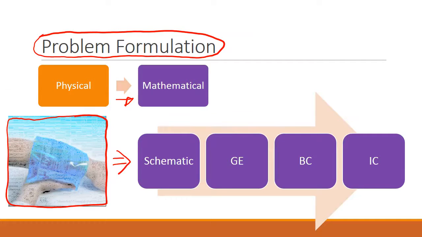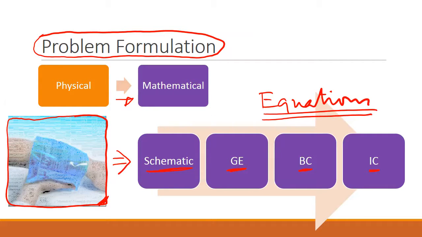What is a mathematical description for this process? We need a schematic, we need a geometry, we need governing equation, we need boundary condition, and we need initial conditions. Notice all of these are equations. The physical part is gone. So physical part gets replaced by this equation.